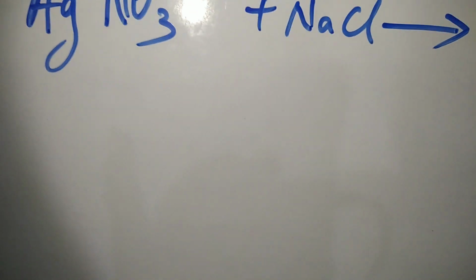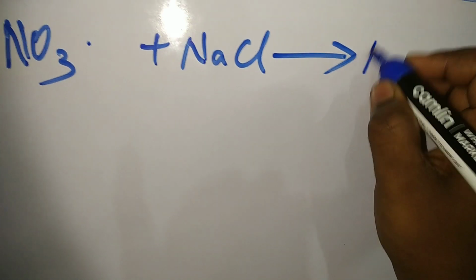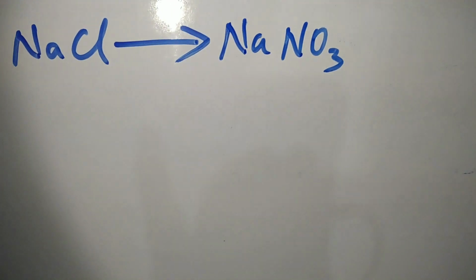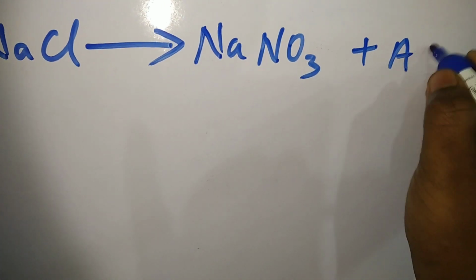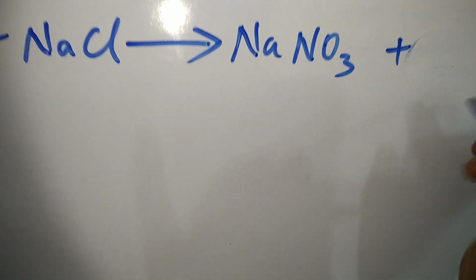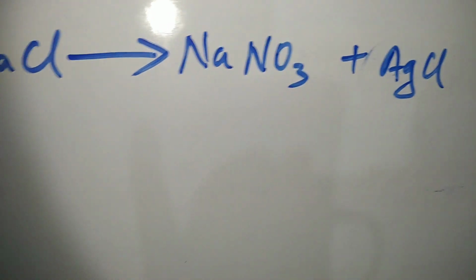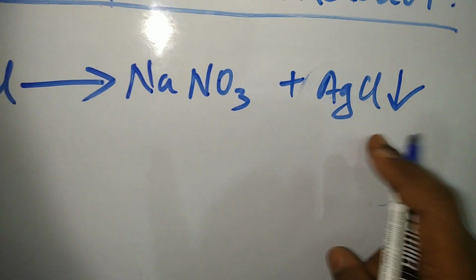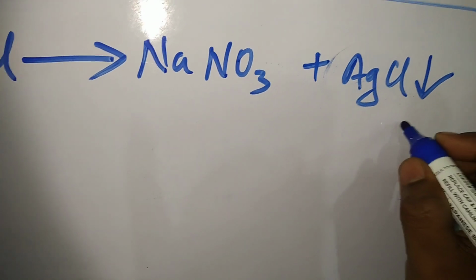Okay students, it will form sodium nitrate and AgCl, silver chloride. Okay, it will be formed as precipitate and it is white PPT.